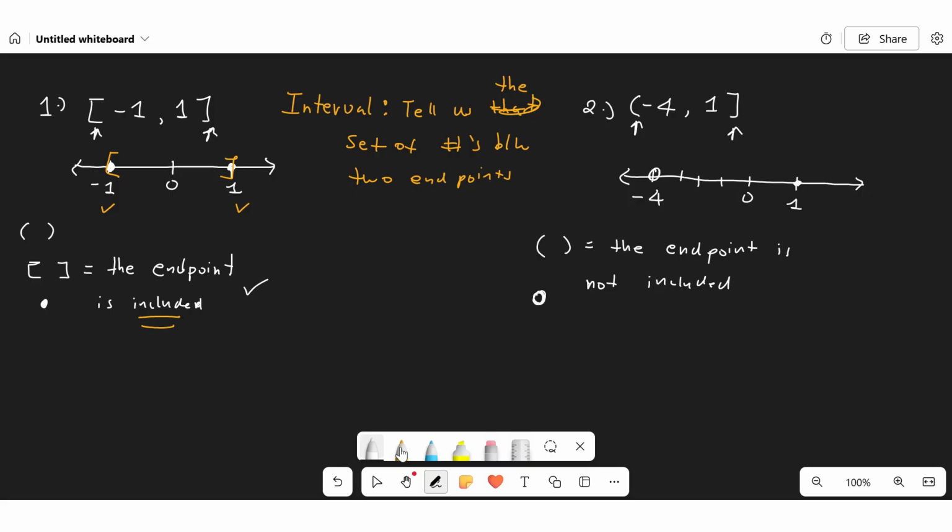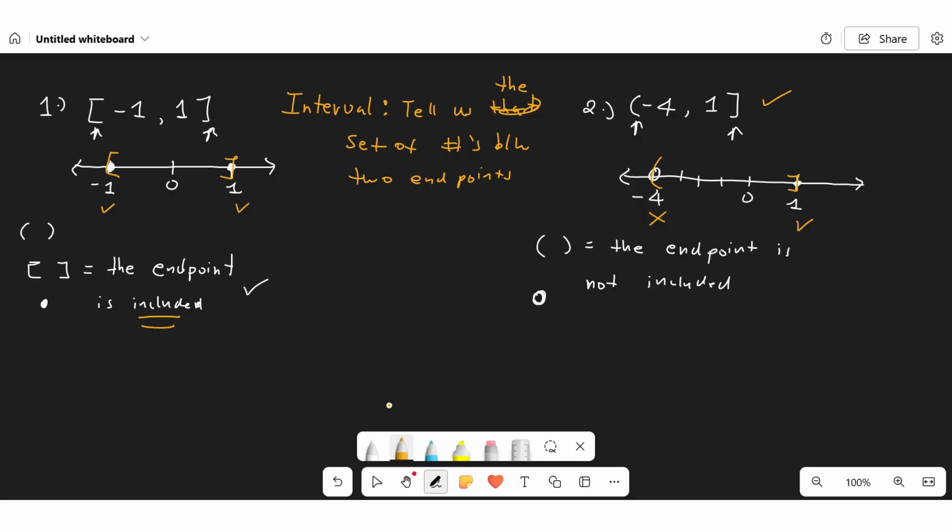So we will have it like this. Okay, now what does that mean? Remember the definition of an interval. It tells us the set of numbers between two endpoints. So if we were asked to write the set of numbers of this interval, well, -4 wouldn't be included, but 1 would be included in this set.